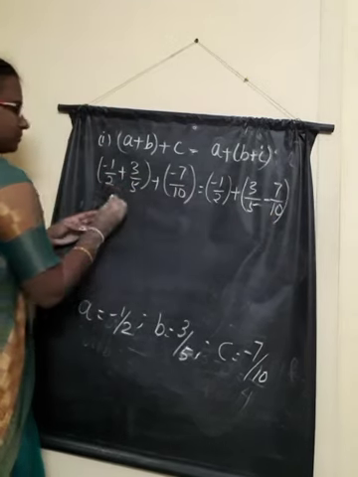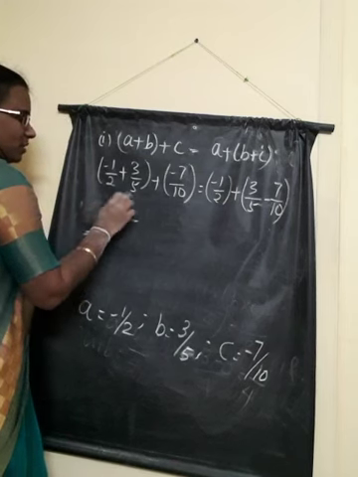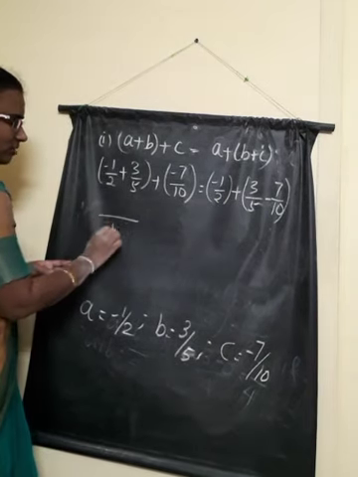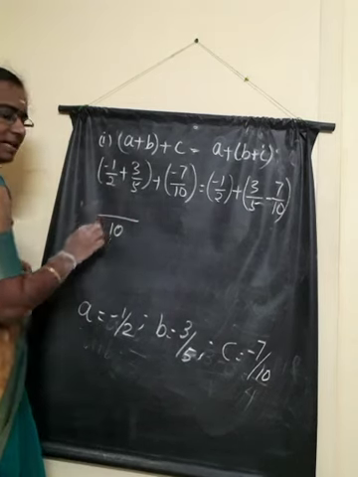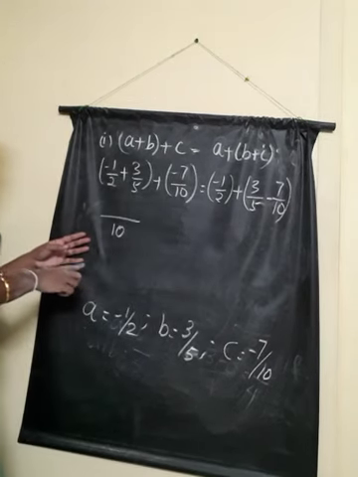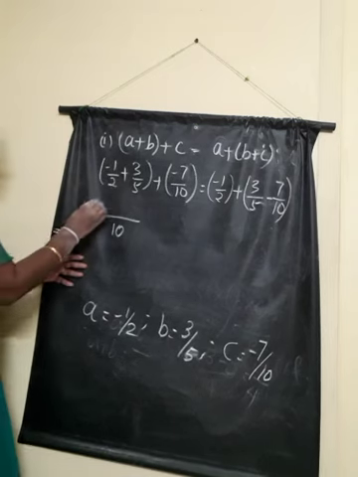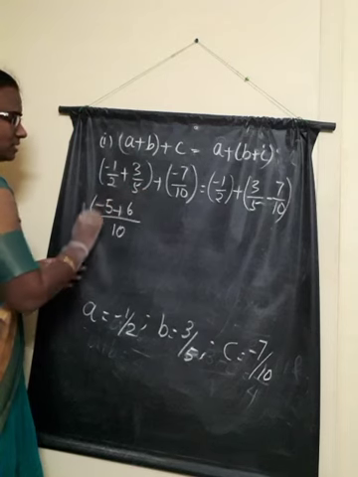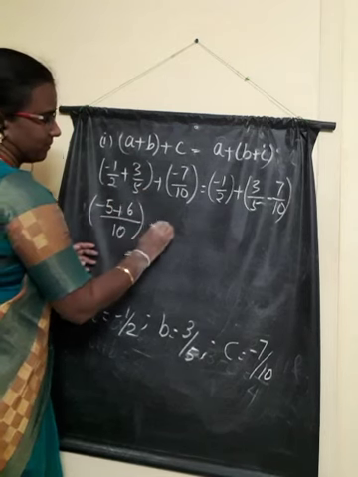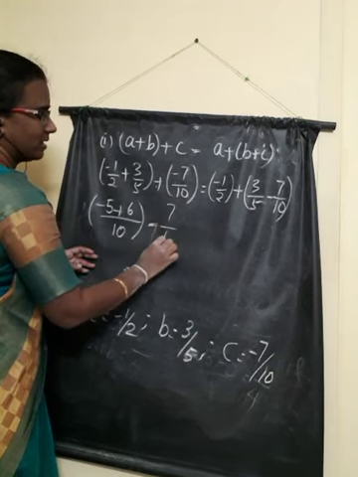The denominators are not the same, so you take the LCM. For 2 and 5 the LCM is 10. So 2 5s are 10, minus 1 into 5 is minus 5, plus 5 2s are 10, 3 2s are 6, plus minus 7 by 10.